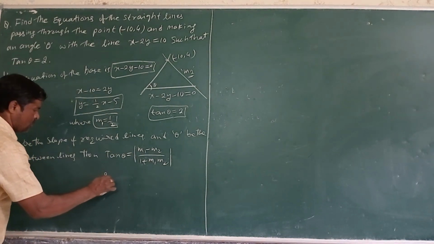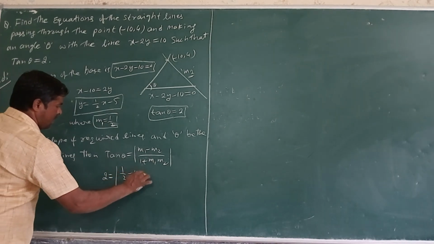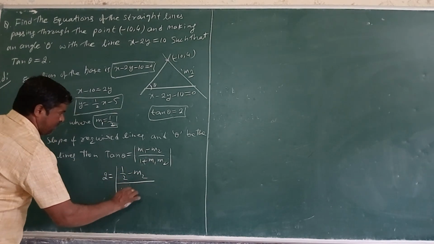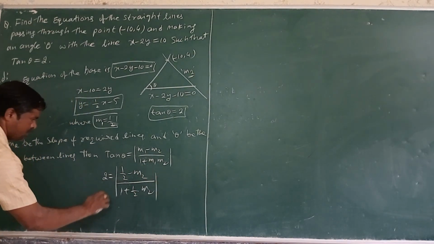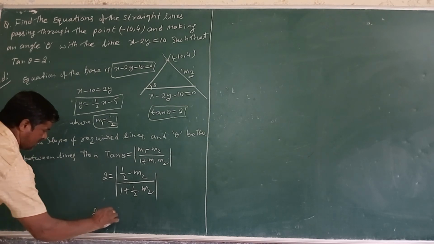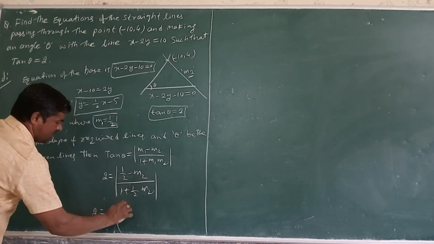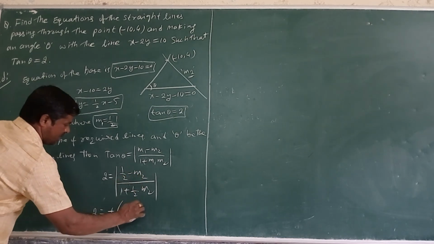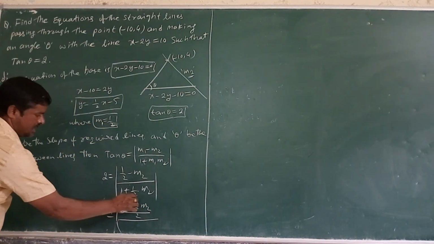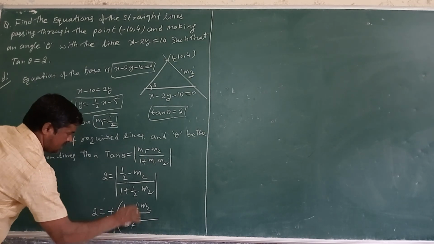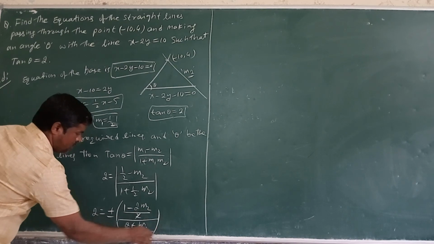Tan theta is 2, so 2 equals mod of (1 by 2 minus m2) by (1 plus 1 by 2 into m2). Now remove the mod by taking plus or minus. Taking LCM 2 in numerator and denominator, the 2 cancels.